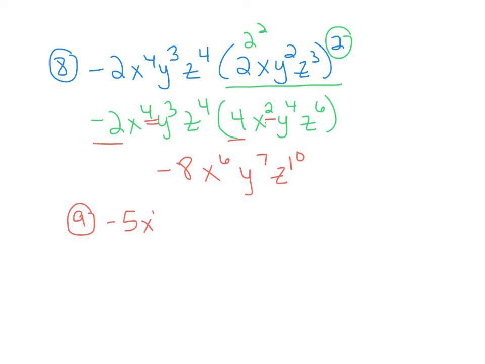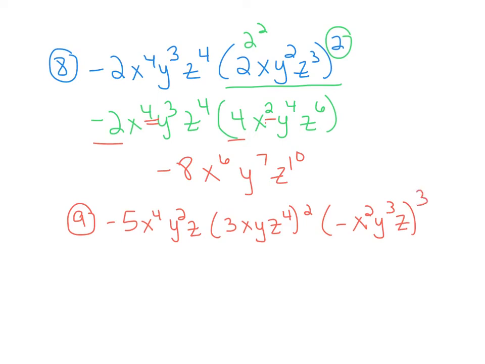-5, x to the fourth, y to the second, z, times 3, x, y, z to the fourth squared, times -x squared, y cubed, z, all cubed.